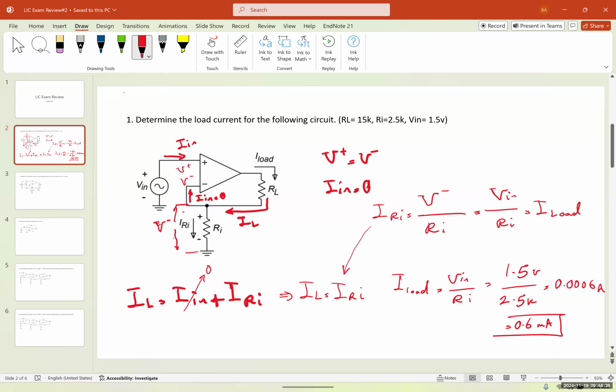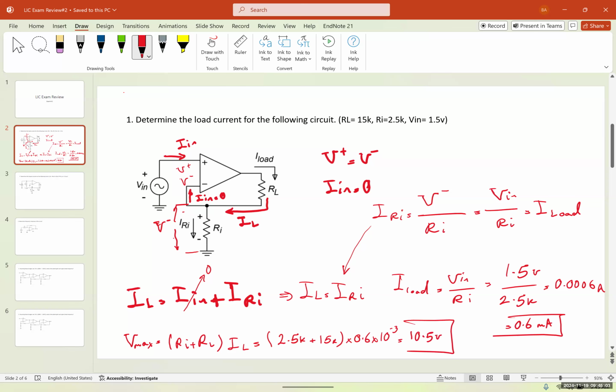If we were asked what is the maximum output voltage, Vmax, it's not asked in this question, but if in the exam we asked for the Vmax, it's going to be Ri plus RL times IL, which is equal to 2.5K plus 15K times 0.6 times 10 to the power of negative 3, which gives us 10.5 volts.